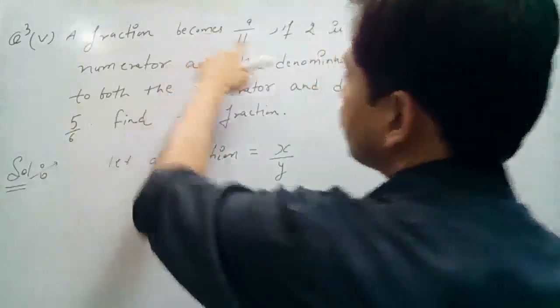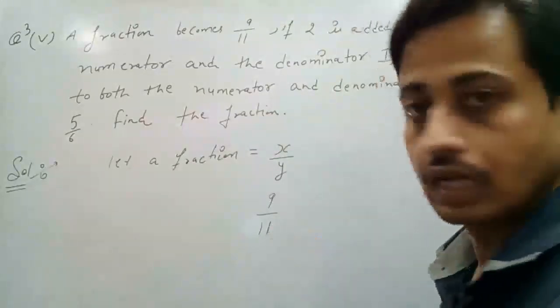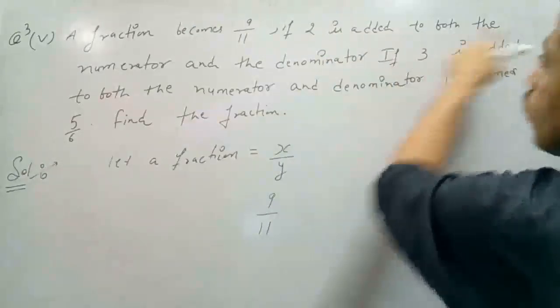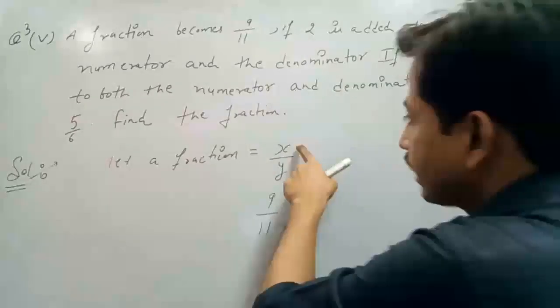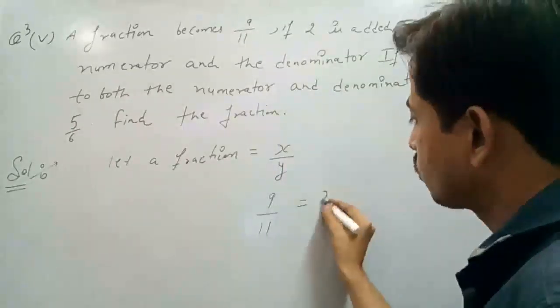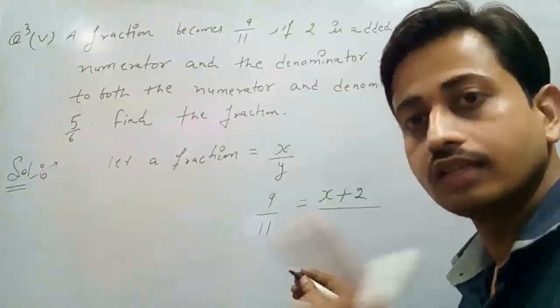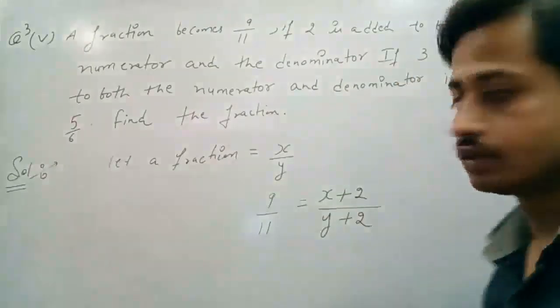A fraction becomes 9 by 11 when 2 is added to both the numerator and the denominator. What's the part? x is your numerator, so we have to add 2. Also we have to add 2 in the denominator, so y plus 2.